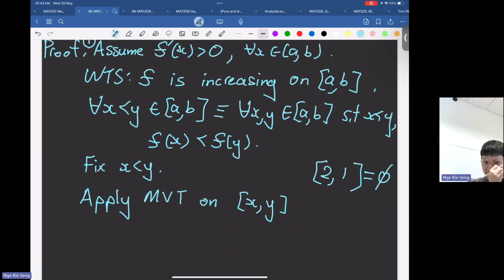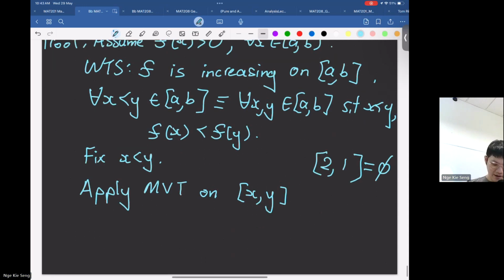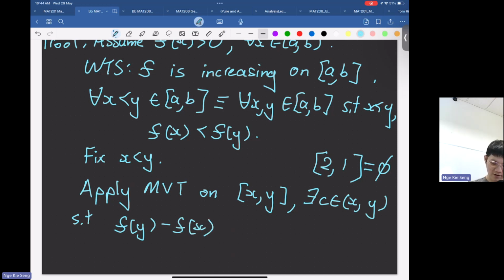What does this MVT tell us? There exists a c in the closed interval [x, y] such that (f(y) minus f(x)) over (y minus x) is equal to f prime of c.